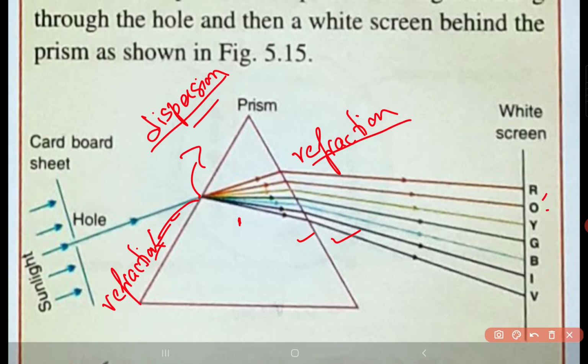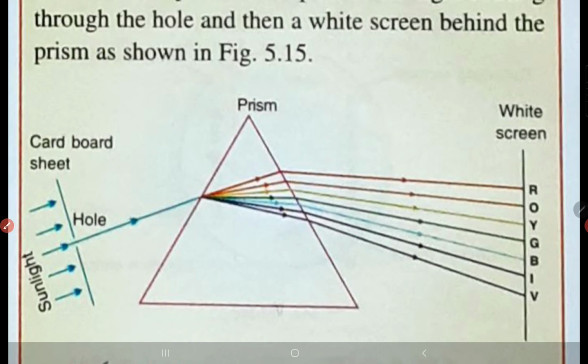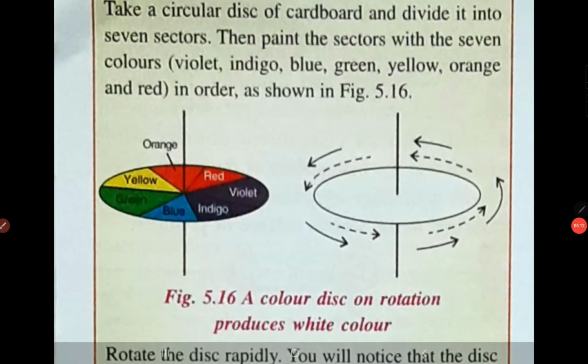There is one activity, activity 4 in your book on page number 88. Let's go to that activity. Here you can see a circular cardboard disc on which these 7 colors are painted, and when this is rotated at a very high speed, this particular disc will appear white in color.